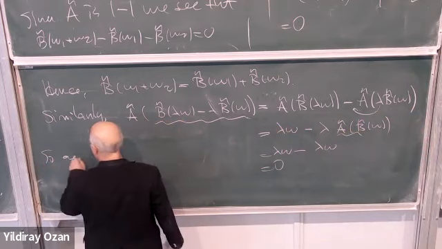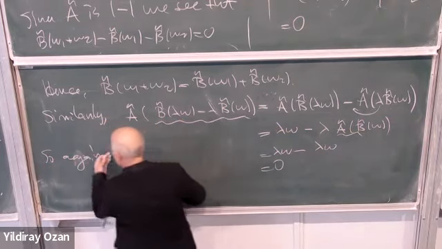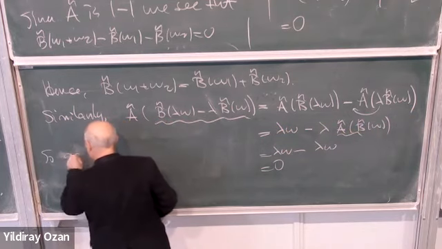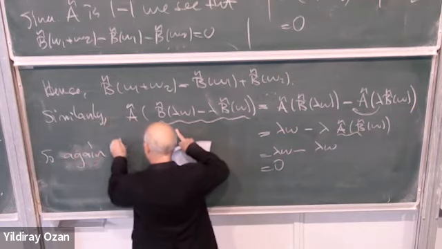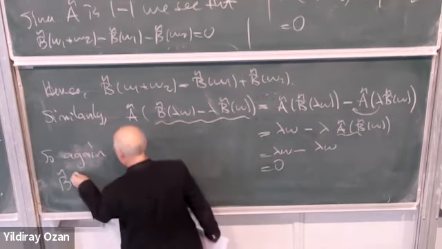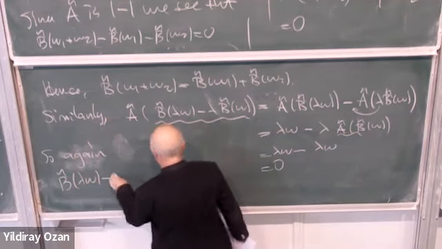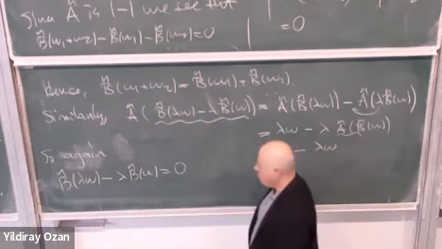So again, this element, B hat of lambda W minus lambda B hat of W, must be 0.